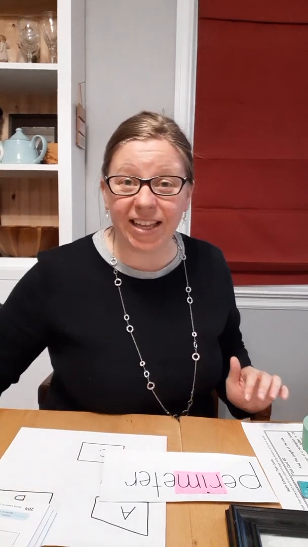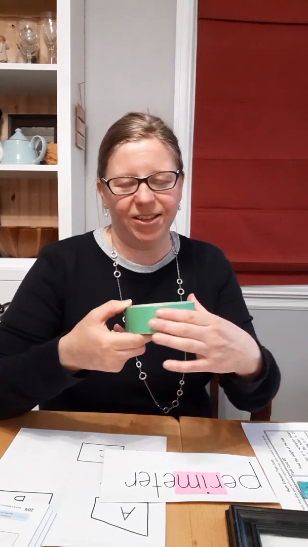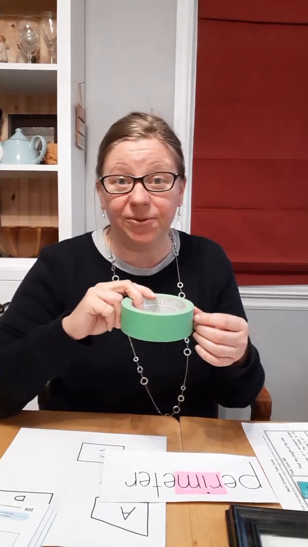Now, for this lesson, if we were in our class, then I would be using some painter's tape, which is green or blue or different colors, to tape some objects, some shapes that are straight edged on the floor of the classroom.